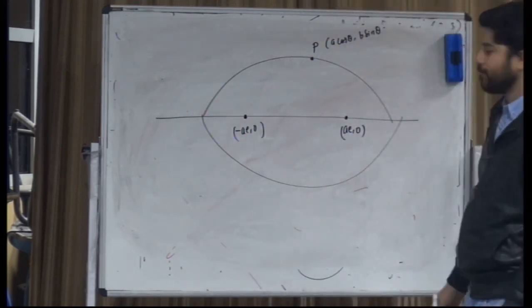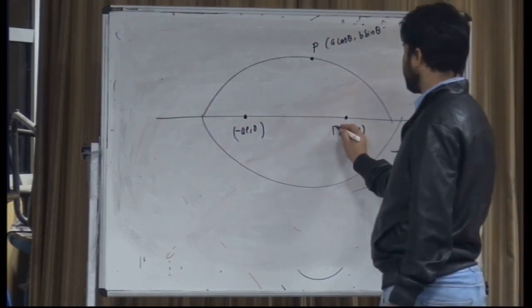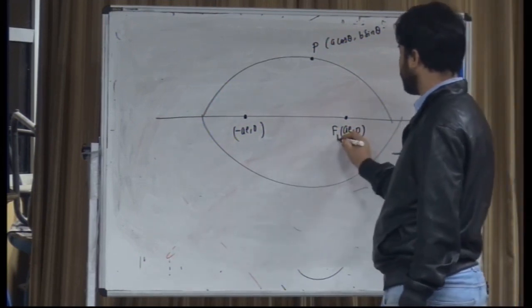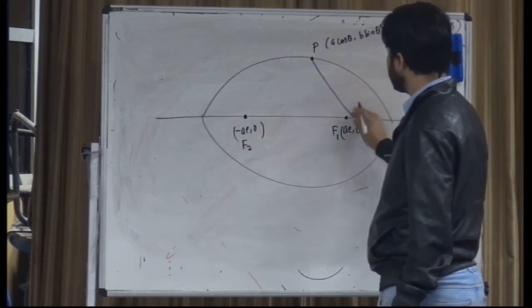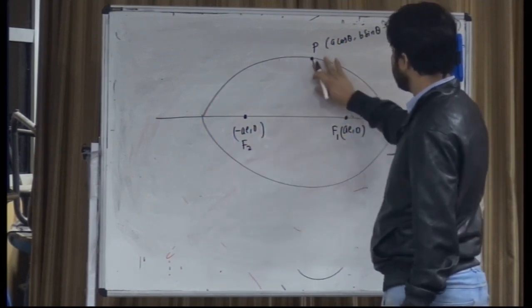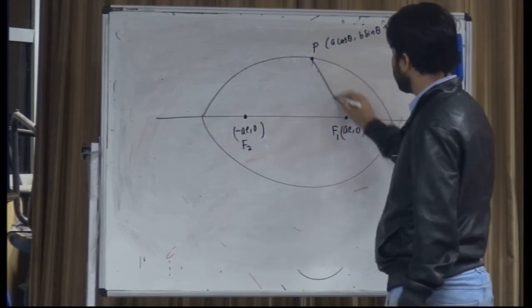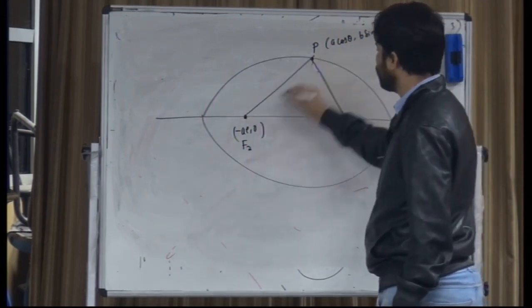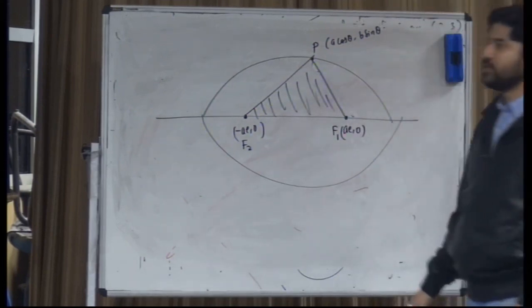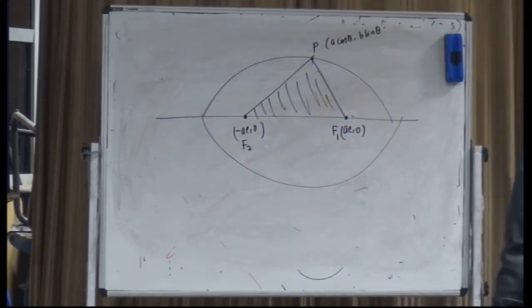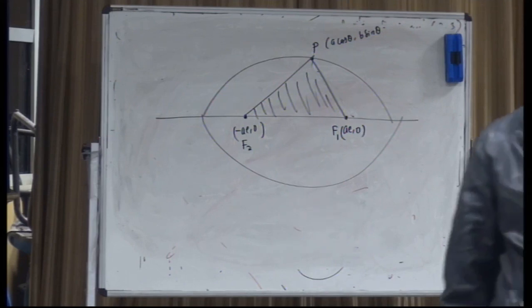ठीक है, this is F1, this is F2. This triangle is called focal triangle.